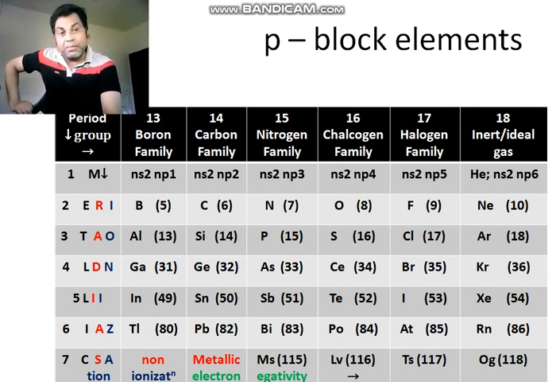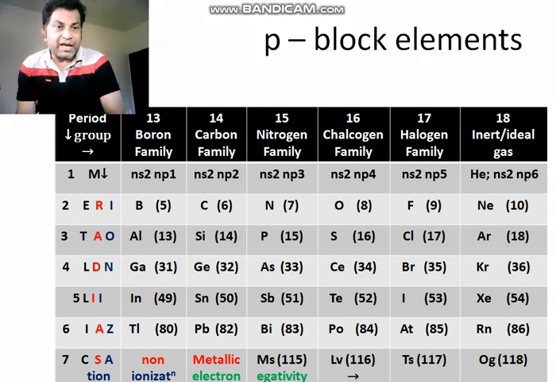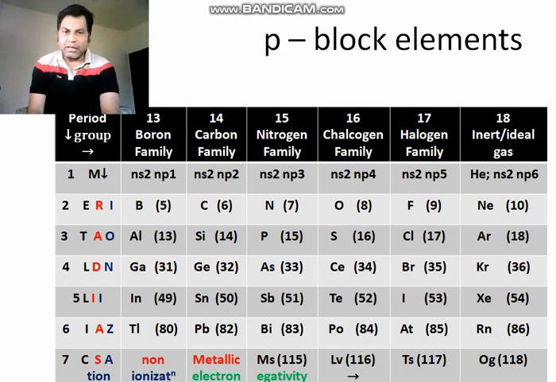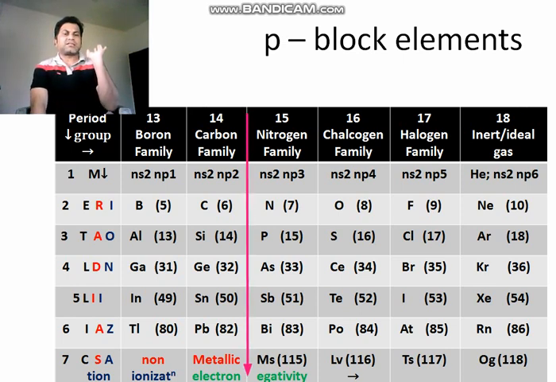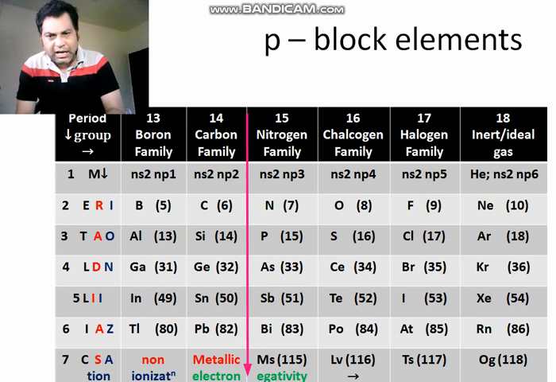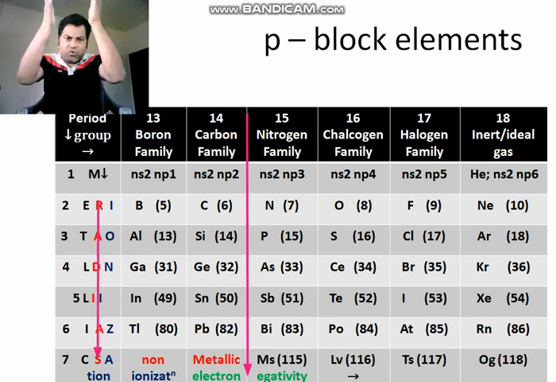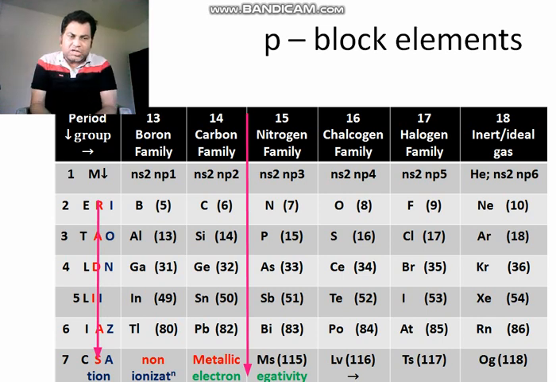Dear students, very simply, when we move from top to bottom in any group, their atomic size increases. That is why it is written that the radius is increasing. In the red part you can see the radius. So when you move top to bottom, radius increases.